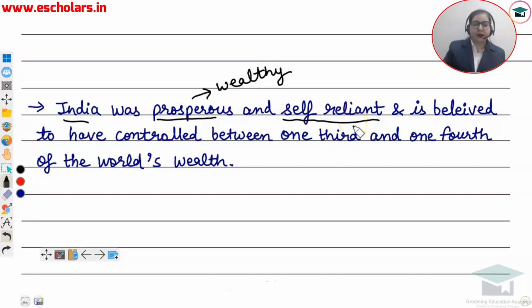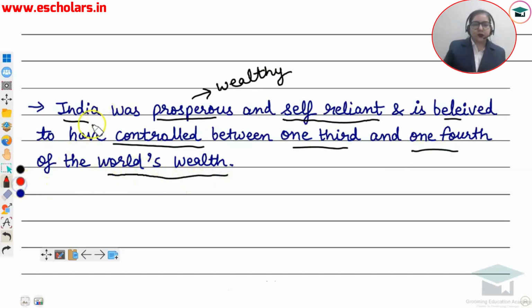India was not dependent on any other country for its food grains or for the import of fruits and vegetables, etc. And India was believed to have controlled between 1/3 and 1/4 of the world's wealth.